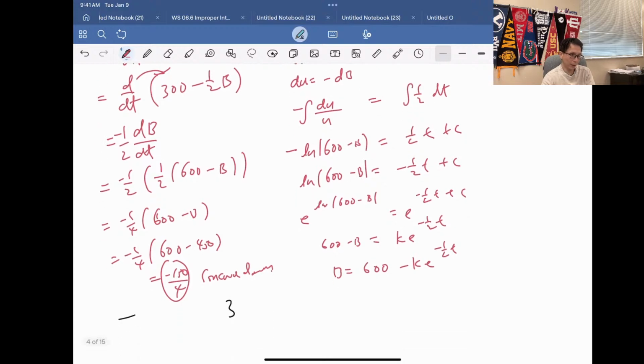Now I'm going to plug in and solve it. So 200 is equal to 600 minus k e to the 0. So k must be 400, and therefore b is equal to 600 minus 400 e to the negative 1/2 t. This is going to be on your Monday's test.